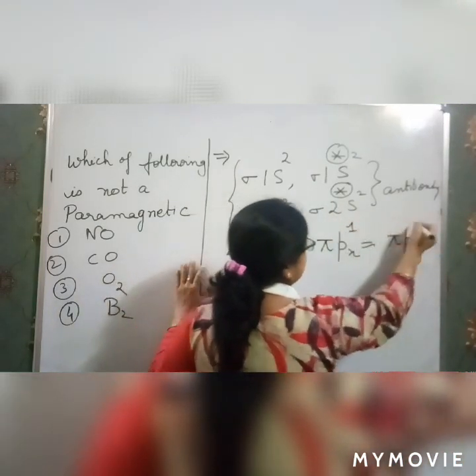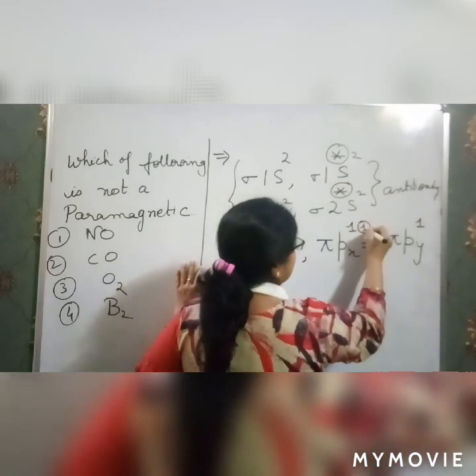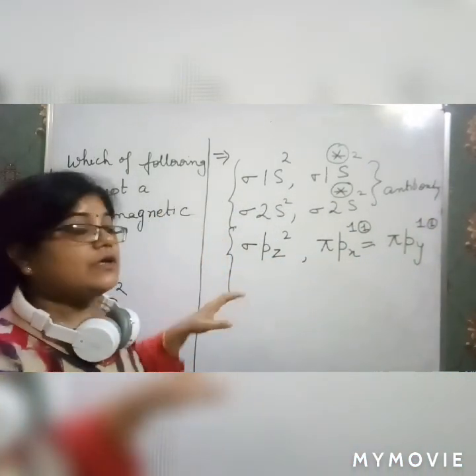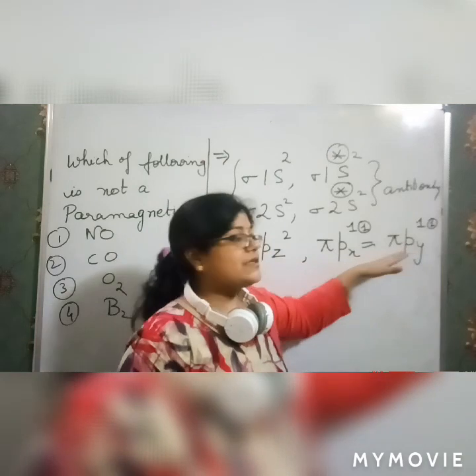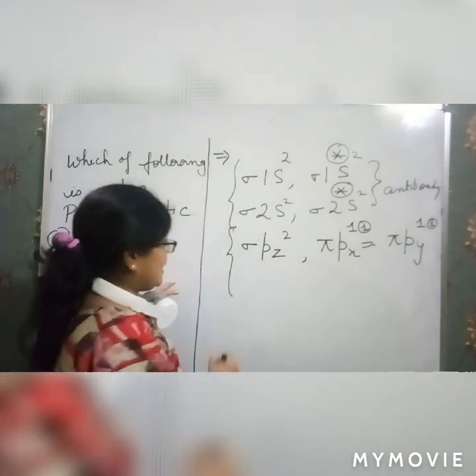Firstly, fill one electron and one electron. Then after, fill another one and another one. In this way, you fill the electrons. If you make a mistake in this step, you will get the answers wrong.